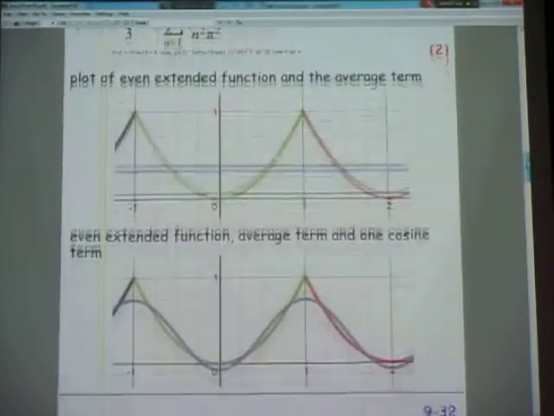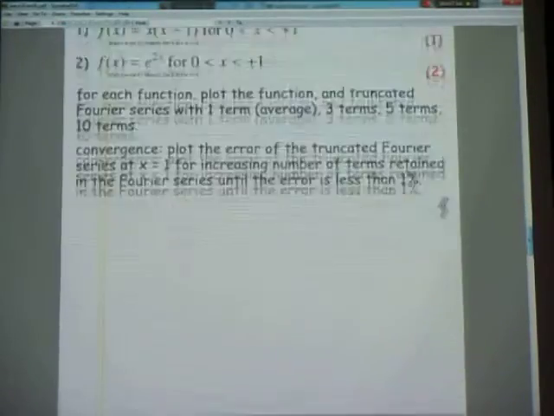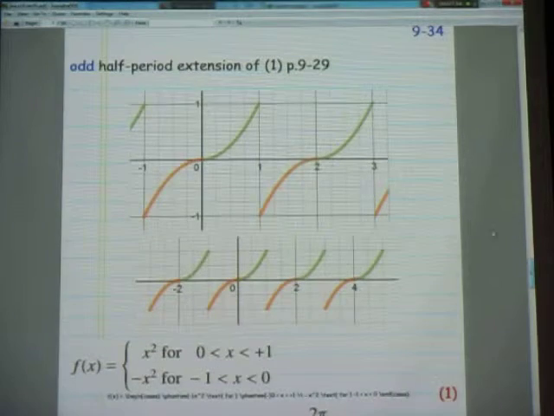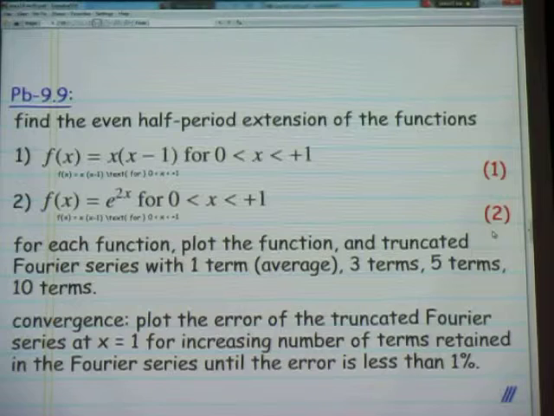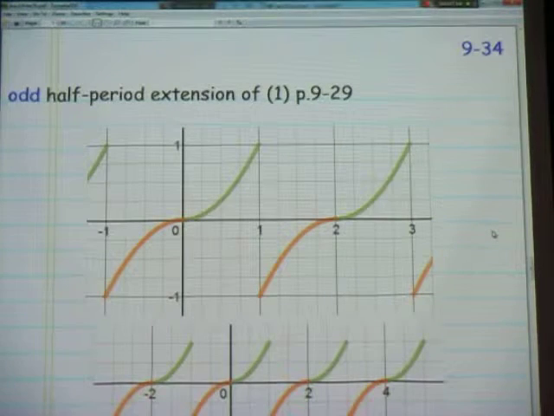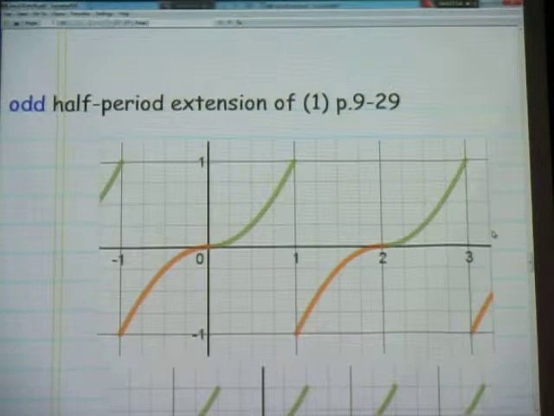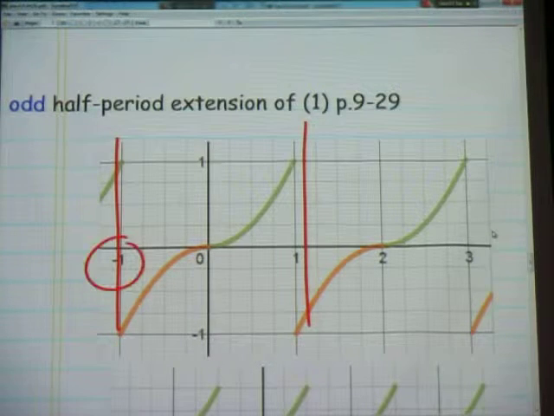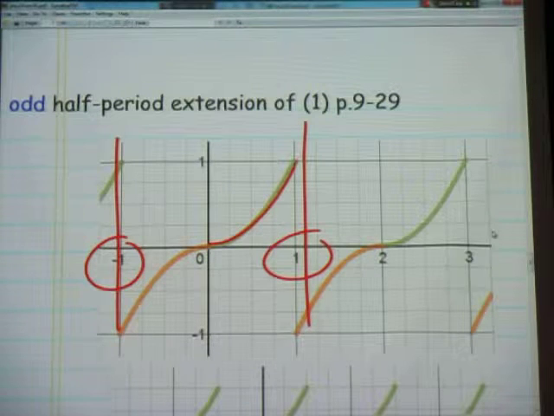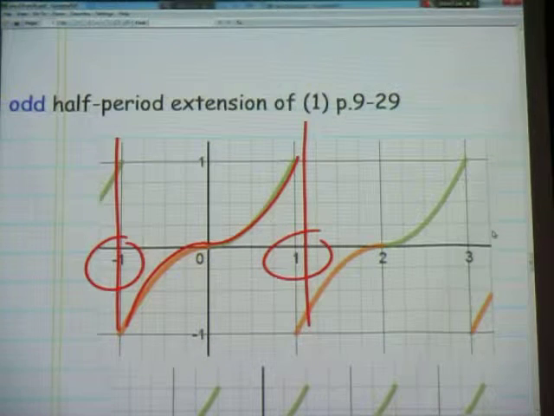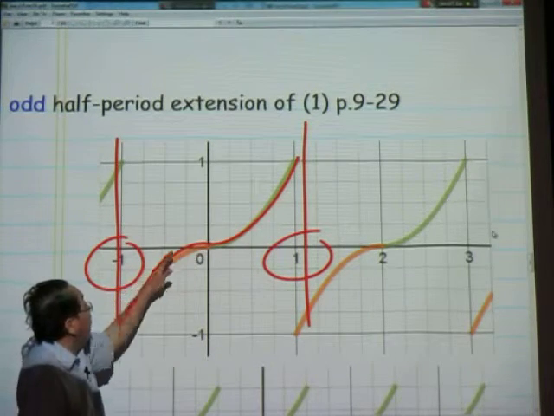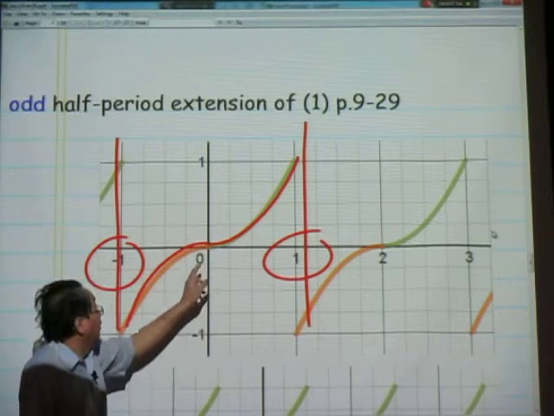So within one period, from -1 to +1, this is the original function here. The extension is to make an anti-symmetric part with respect to the origin.